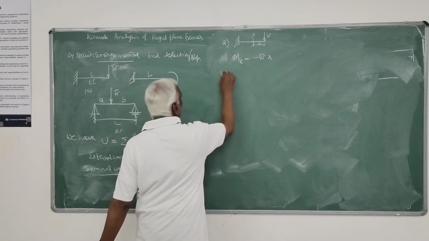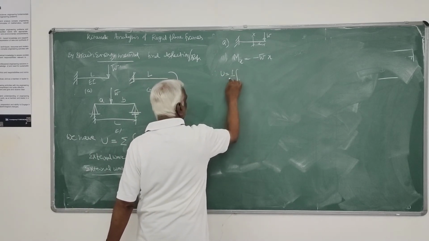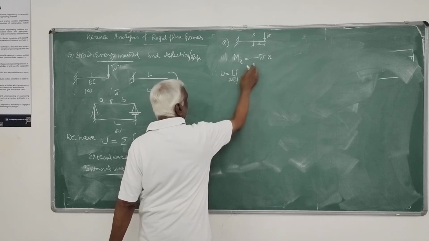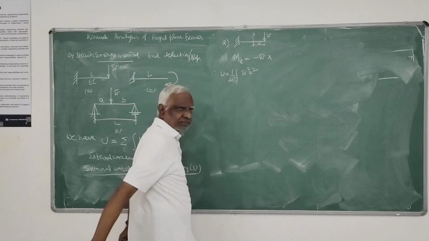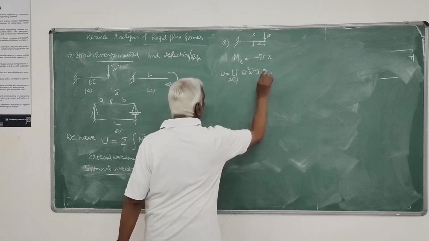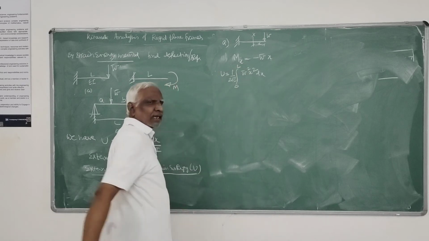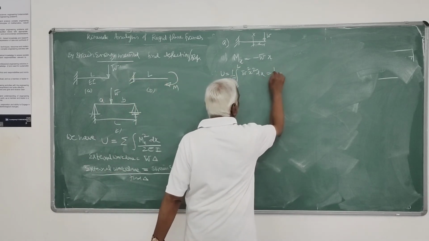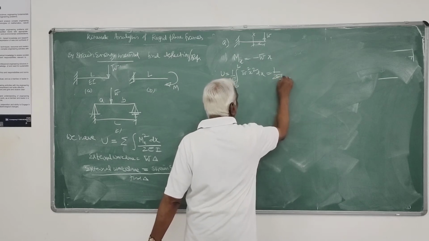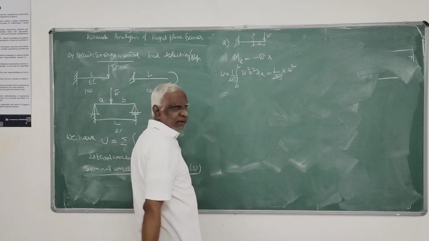Therefore, U equals the integral from 0 to L of 1 over 2EI Mx square, that is W square x square dx. That's all, limits 0 to L. So this is nothing but 1 over 2EI times W square times the integral of x square, which is x cube by 3.